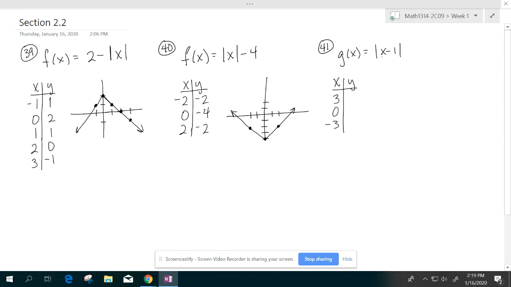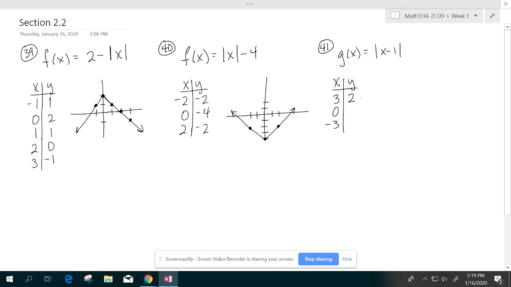Now, be careful here because the absolute value is like a grouping symbol. It's kind of like parentheses, so it follows the same order of operations. You got to work what's inside first and then make it positive. So 3 minus 1. 3 minus 1. And then make that positive. 2.